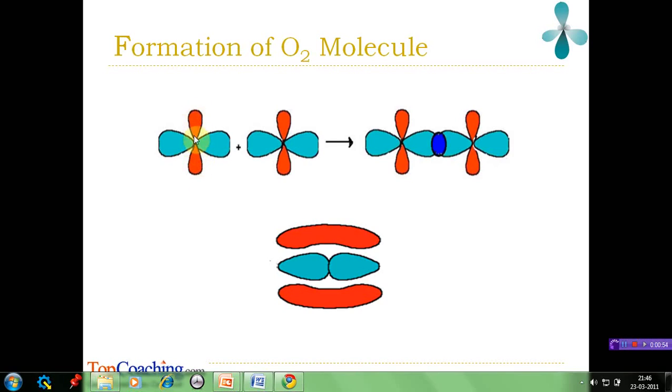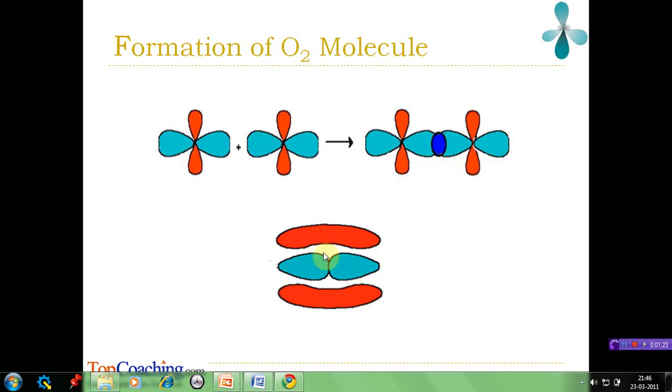Now, another p orbital, which is perpendicular to this blue orbital and is denoted by red, will approach another half-filled orbital of the other oxygen atom. This orbital is also denoted by red color for convenience. Now, as they approach closer, they overlap sideways. This lobe will overlap this lobe and this lobe will overlap this lobe.